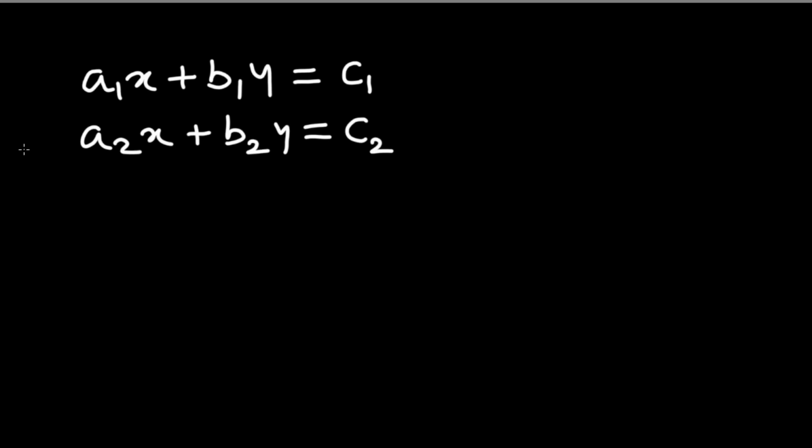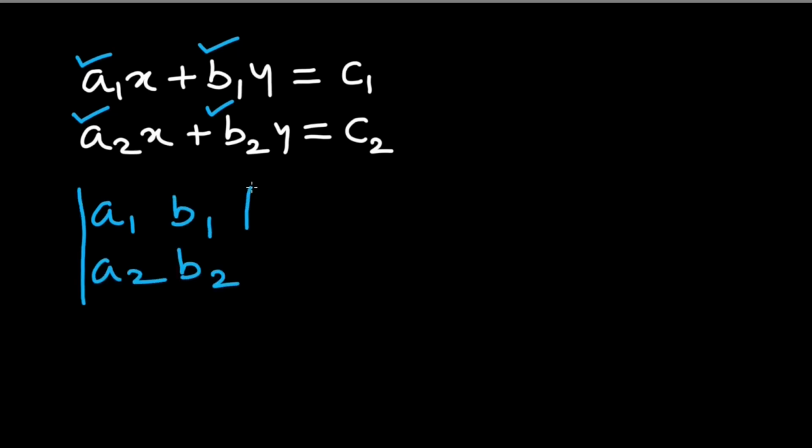Then we form a determinant made out of the coefficients of x, that is a1, a2, and coefficients of y, that is b1, b2. a1, b1, a2, b2, and we name this determinant d.